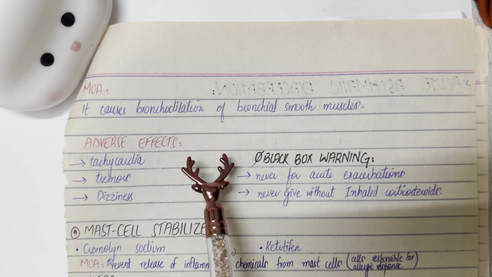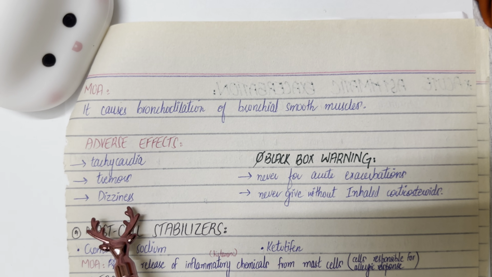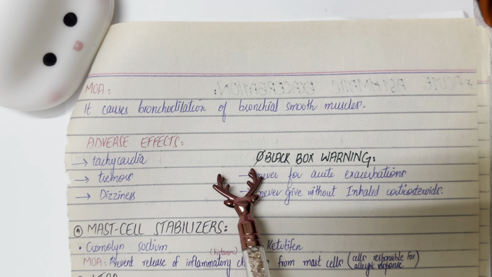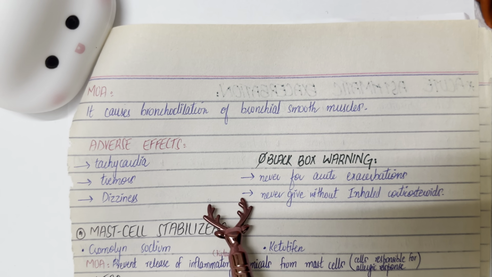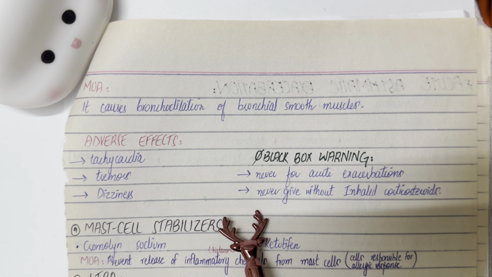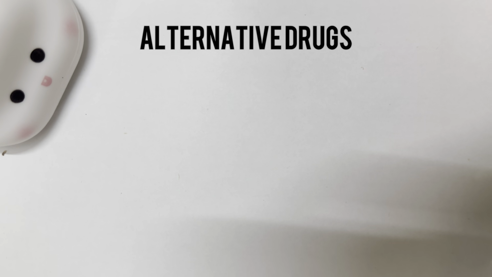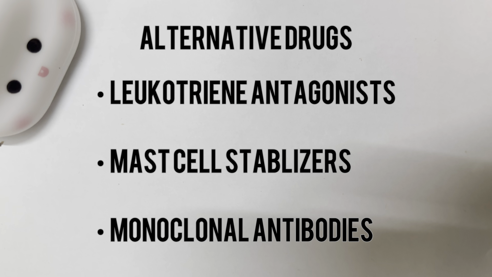Their adverse effects are also similar to SABAs, including tachycardia, tremors, and dizziness. Some black box warnings for LABAs are that they are never used for acute exacerbations and they should never be given without inhaled corticosteroids.